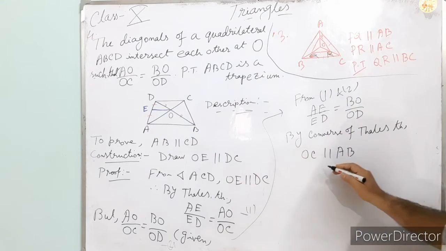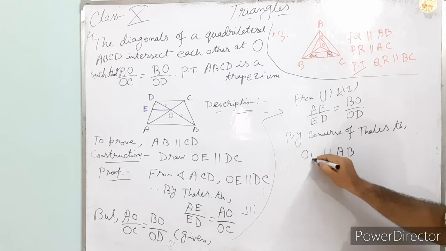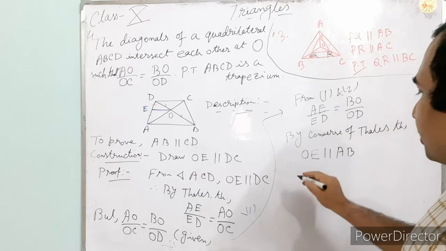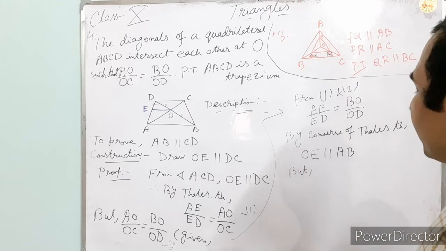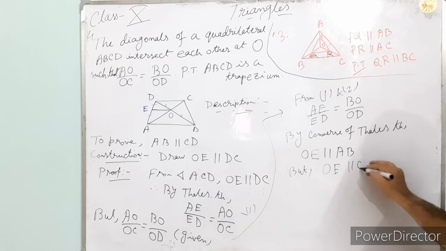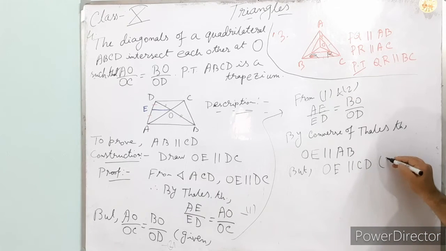So OE is parallel to AB. But what have we taken? OE is parallel to CD. We have taken it by construction.